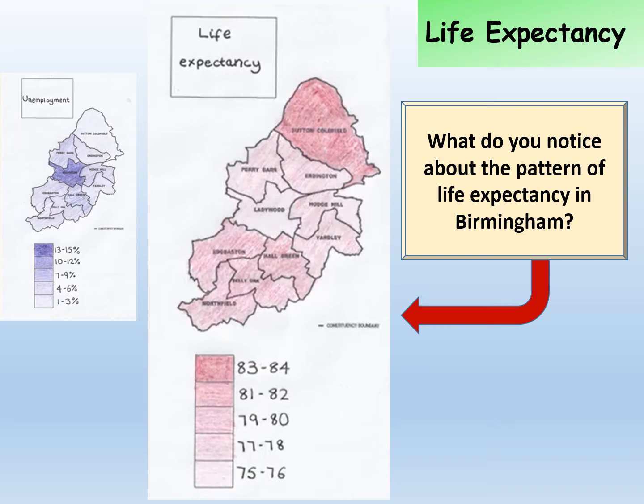So again, Ladywood is obviously suffering. Ladywood has a higher level of deprivation because the life expectancy is lower. So again, the pattern that we see emerging, the inner city has more deprivation than the outer suburbs, e.g. Sutton Coldfield. Let's have a look at another measure and see if this pattern continues.